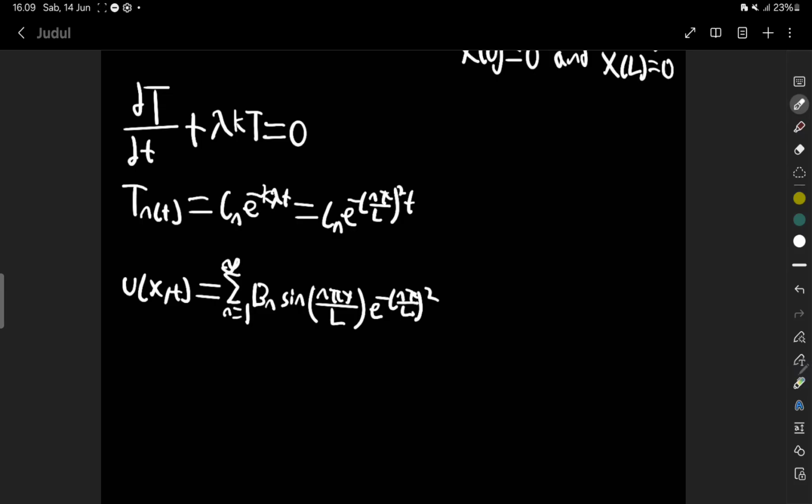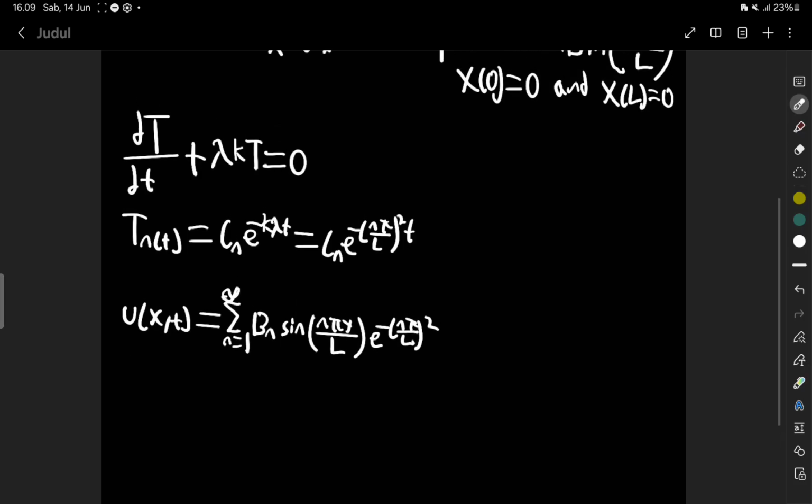And after we apply the initial condition, it becomes u(x,0) equals 8 sine of pi x per length. This means only the first term is present with b1 equals 8 and all other b_n are 0.